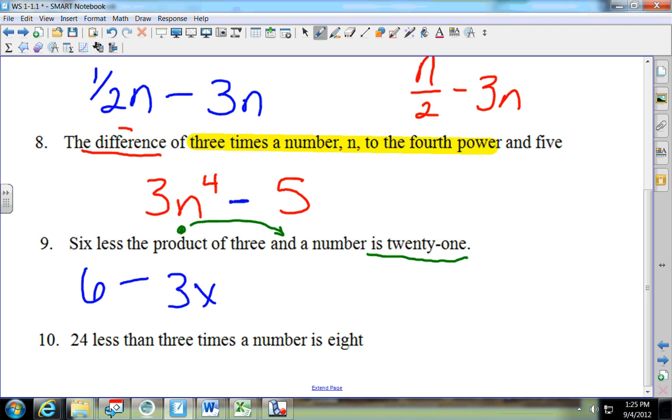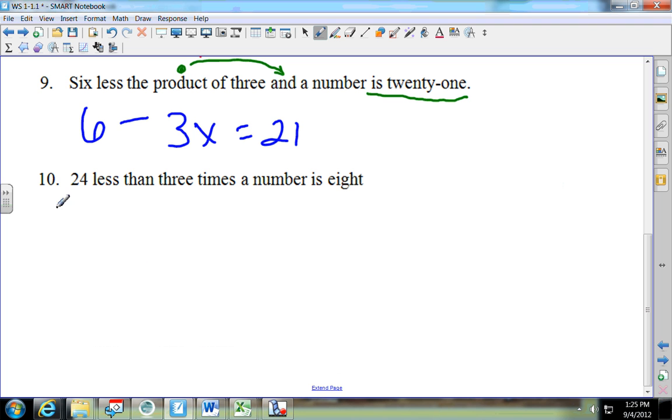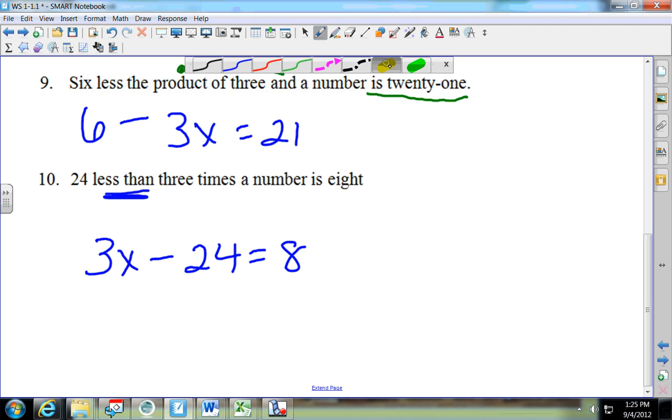Right. And, well, because on the next one, it says 24 less than 3 times a number. So there you would have 3 times the number, and you would subtract off 24. Now it equals 8. The reason why this happens is because of the less than.